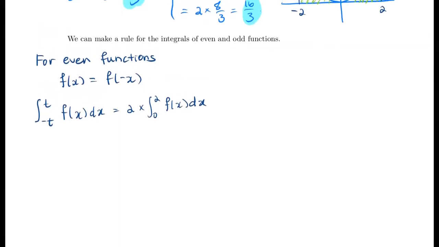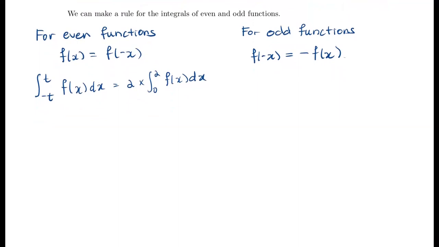For the second rule, we have odd functions, so if f of negative x is the negative of f of x, then the integral from negative t to t of f of x dx, making sure that the interval is symmetric about the y-axis, is just going to be 0.